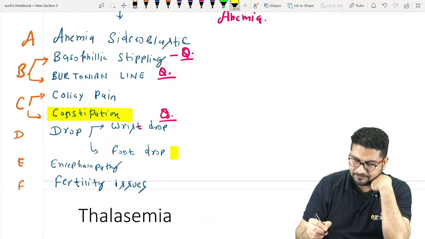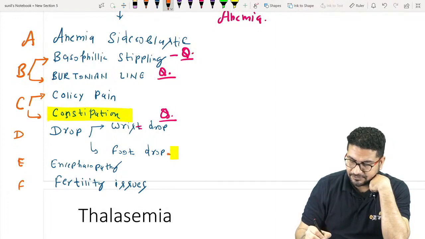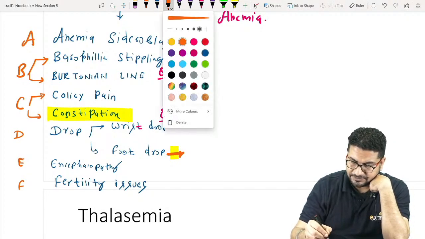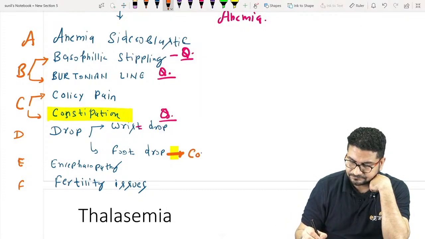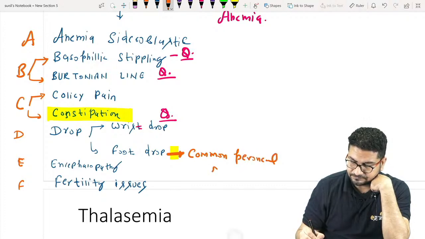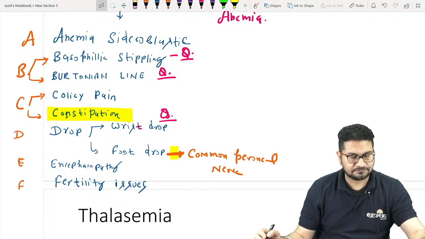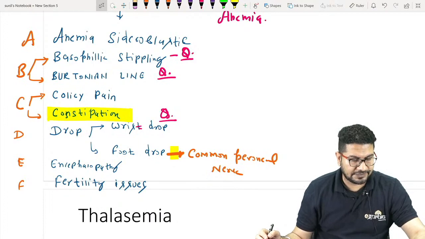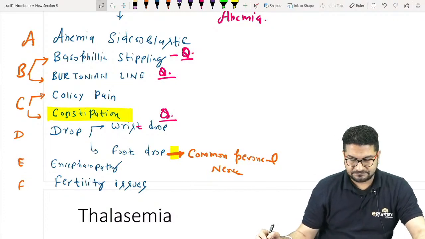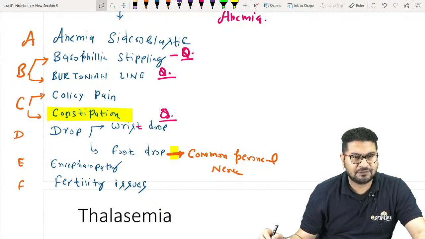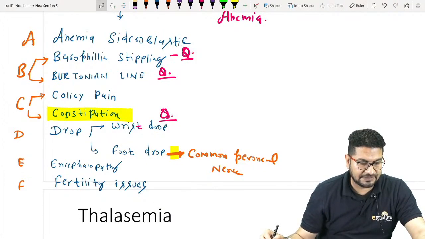If I say common peroneal nerve, and if I ask you, wrist drop is due to damage to which nerve? These are straight-away anatomy-based MCQs. Okay, try to answer. Wrist drop. Easy question, but where do mistakes happen? We make mistakes in easy things, right?